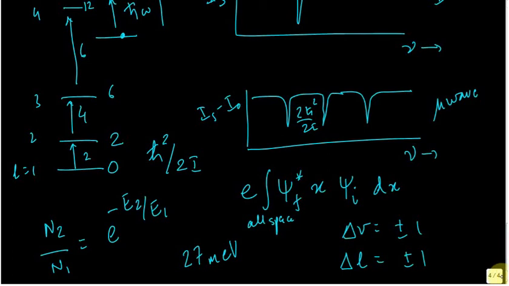So if you're given a problem, for example, that determines the bond length, and I give you some other things, obviously the bond length would come from this fellow I, which is m r squared. The rest of them are constants, right?